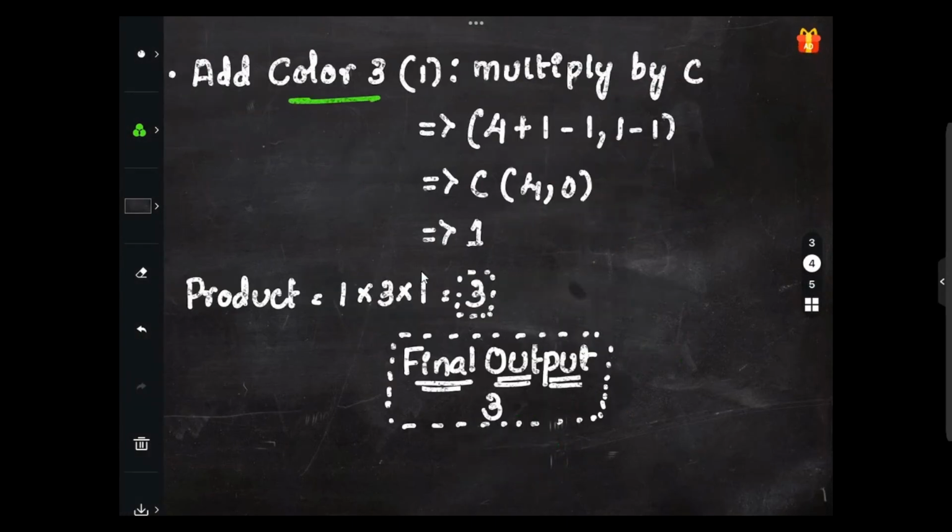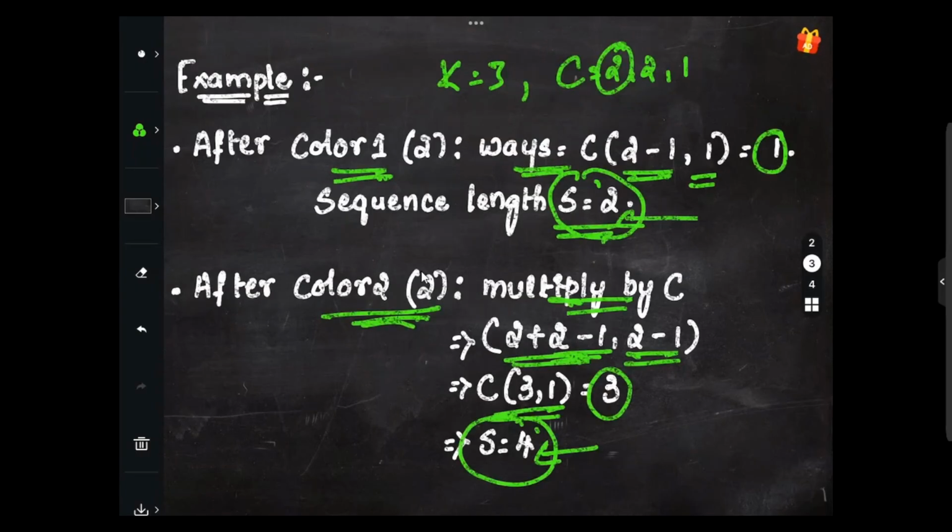So next we have to go with the color 3. So we are done with 2 comma 2. Now we have to consider 1. So again we'll be multiplying by c and the same formula here. So this one will be 4 plus 1, sorry, s, the last previous sequence, right? So see here, this s plus ci minus 1, whatever we have done, this one is nothing but 2, the previous sequence.